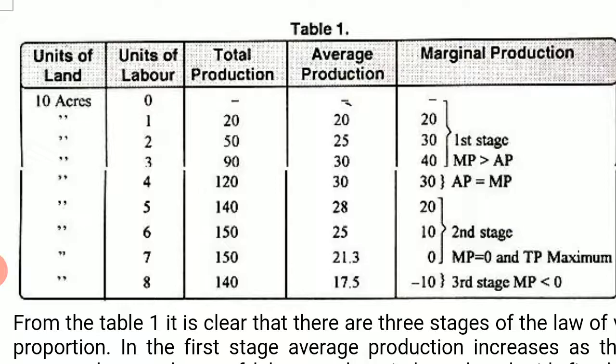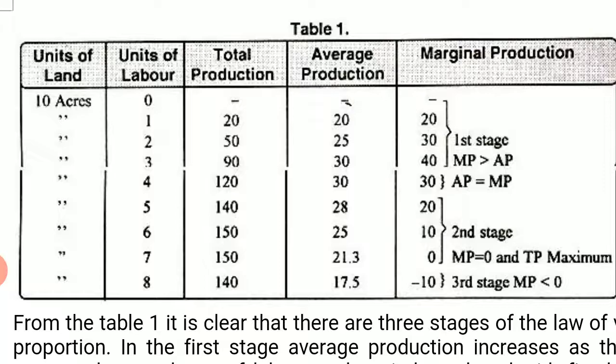Now we get average production: 20 divided by 1 is 20, 50 divided by 2 is 25, 90 divided by 3 is 30. Similarly, average production is first increasing, when it reaches 30 it is constant when the unit of labor is 3 to 4, and after that average production is declining up to 17.5.